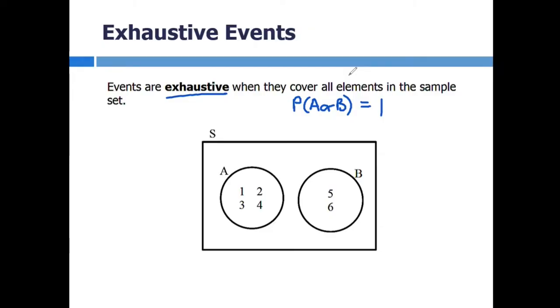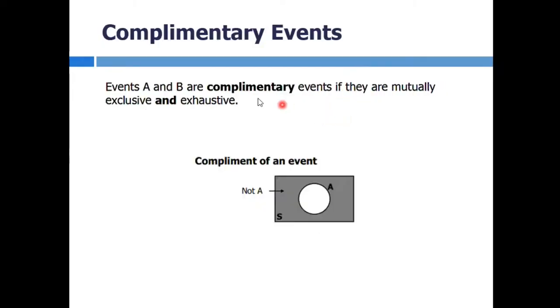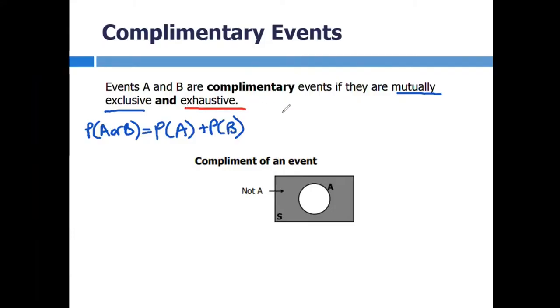Okay, so let's just go back to complementary then. So complementary, remember, with the mutually exclusive. The mutually exclusive told us that the probability of A or B would be equal to the probability of A plus the probability of B. Okay, and the exhaustive told us that the probability of A or B is equal to 1.